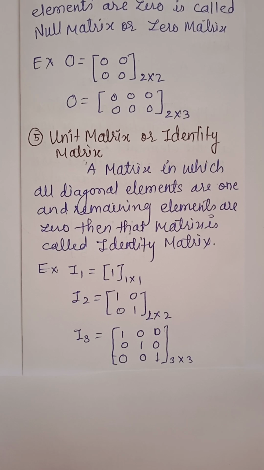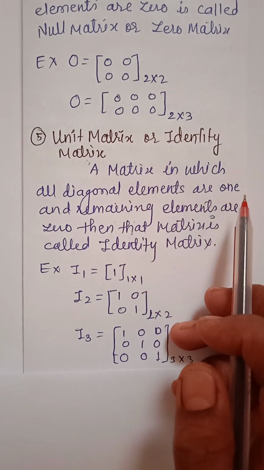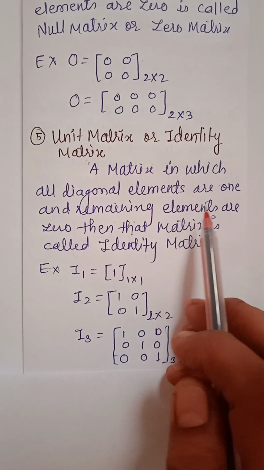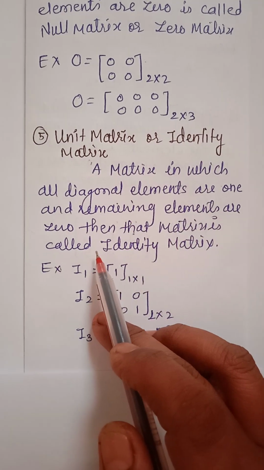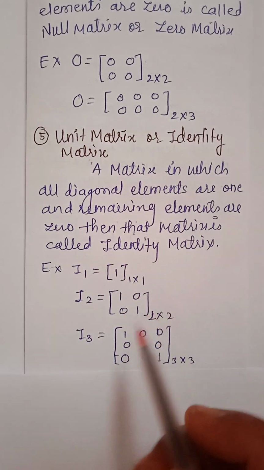Next definition is the unit matrix or identity matrix. A matrix in which all diagonal elements are 1 and the remaining entries are 0 is called an identity matrix or unit matrix.